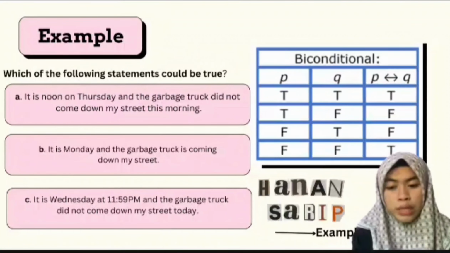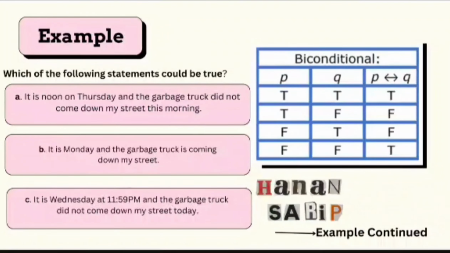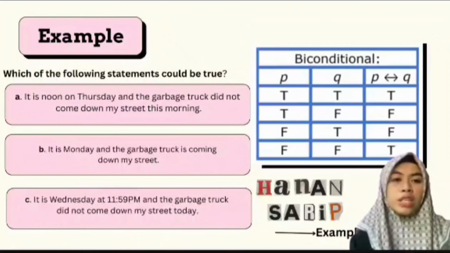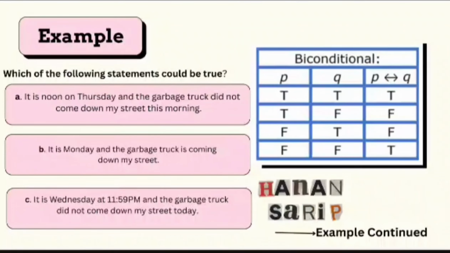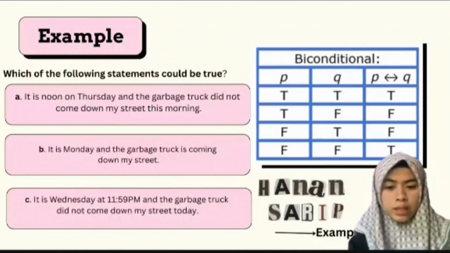Last one, last row is letter C. It is Wednesday at 11:59 p.m. and the garbage truck did not come down my street today. So, both of them are false, kasi ang nakalagay doon sa general statement is if and only if it is Thursday morning lang pumupunta yung garbage truck sa kanilang street.